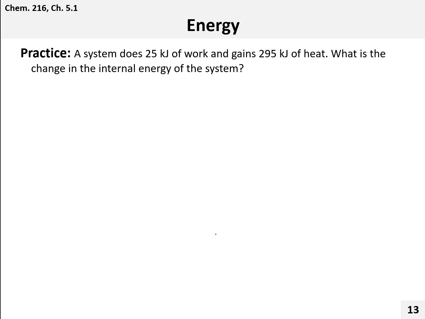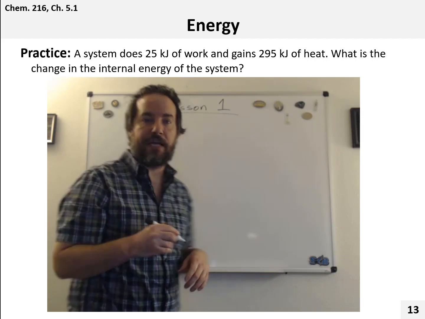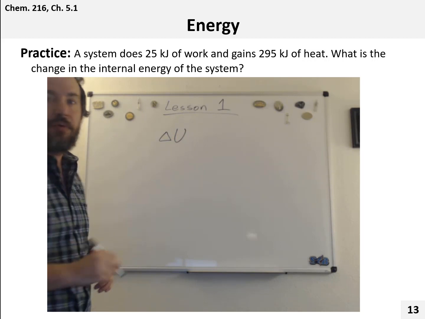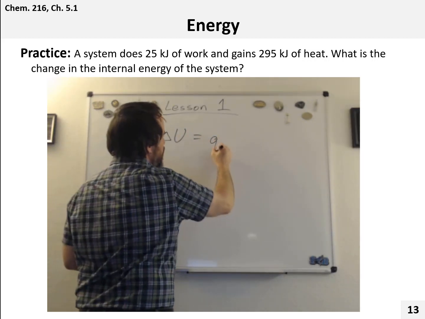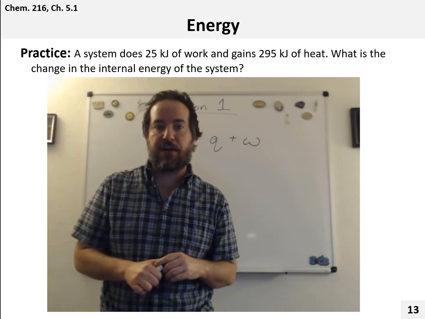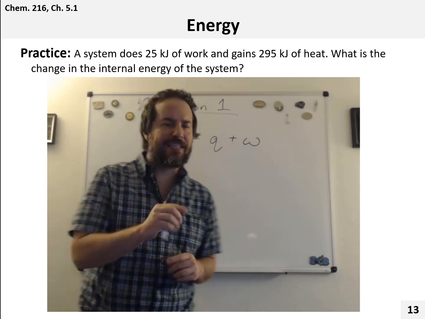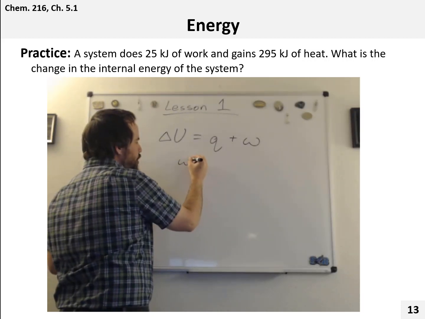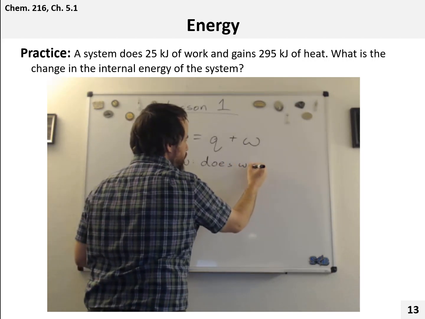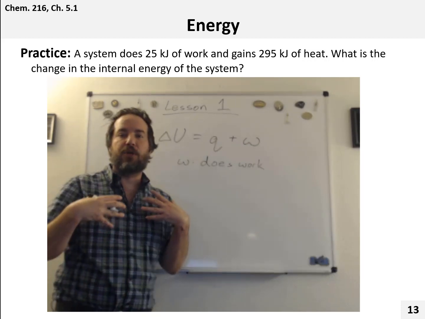All right, so let's go to the whiteboard here. First, we're going to talk about internal energy. So we need to talk about delta U. And we said that delta U equals Q plus W. So the key thing is we need to figure out whether my Q is positive or negative. Let's see what it says. It says for my W, it does work. If I do work, that means my W is going to be negative.